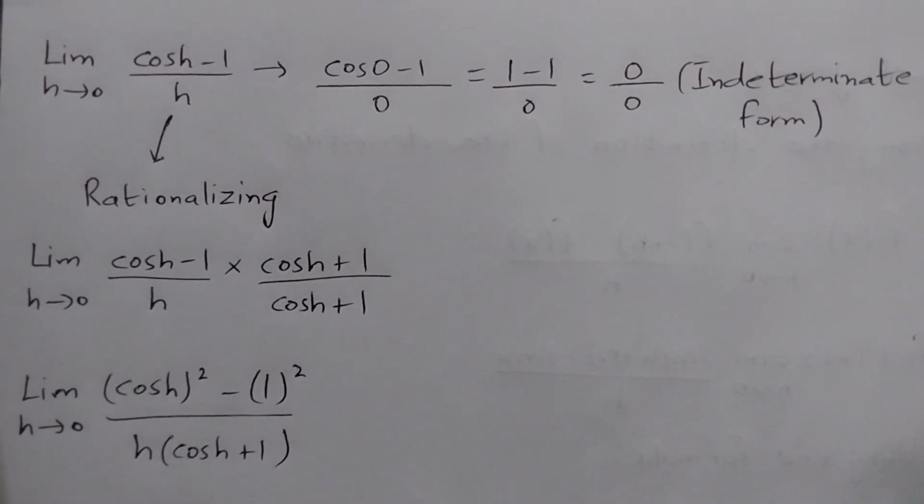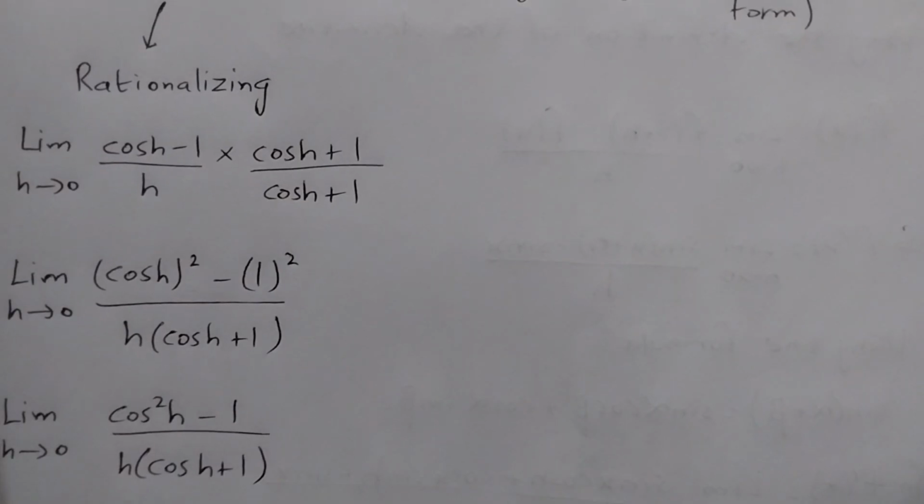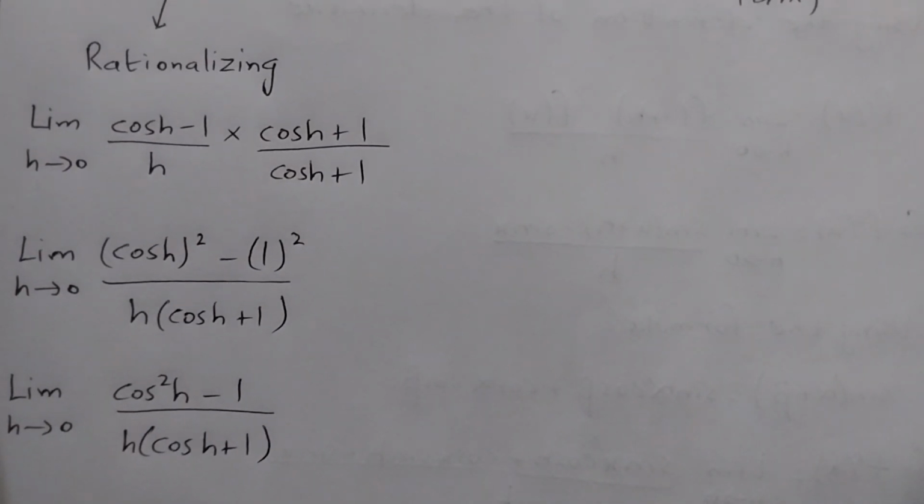So we can try multiplying and dividing by cos h plus 1. This is basically called rationalization. So when we rationalize, this becomes the limit as h approaches 0 of (cos h minus 1) over h, into (cos h plus 1) over (cos h plus 1).